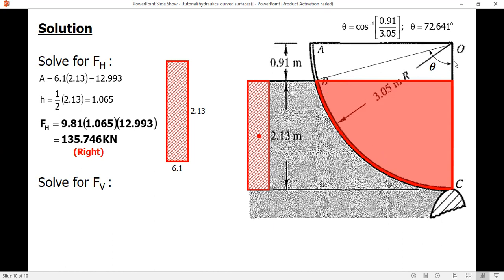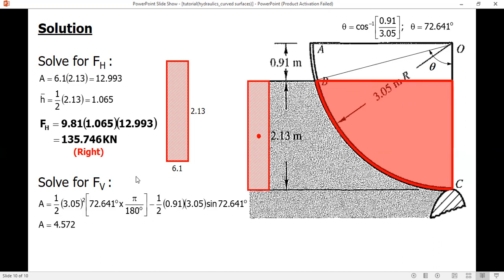And from here, we can solve for the area. Now, for a triangle, the formula that we will use is 1/2 times the product of two sides times the sine of the included angle, and not 1/2 BH because we don't have the value of the base.